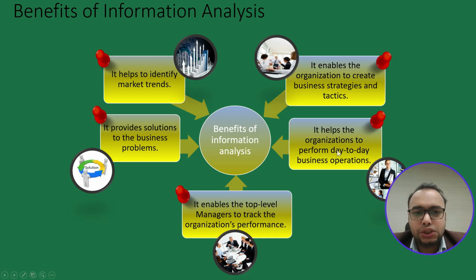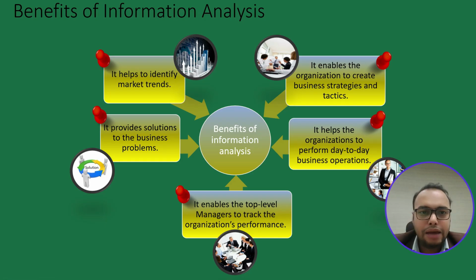Next one, it helps the organization to perform day-to-day business operations. Obviously, if you are doing the information analysis, it will help in your day-to-day business operations, right? Next is enable the organization to create a business strategy and tactics.